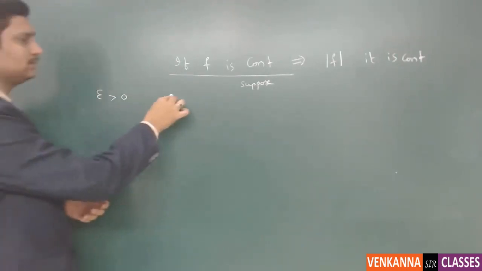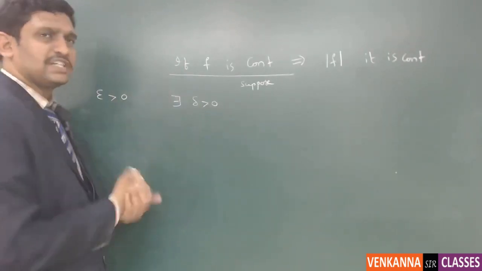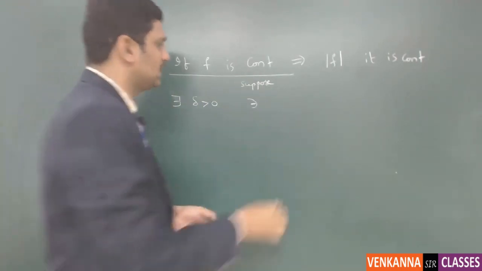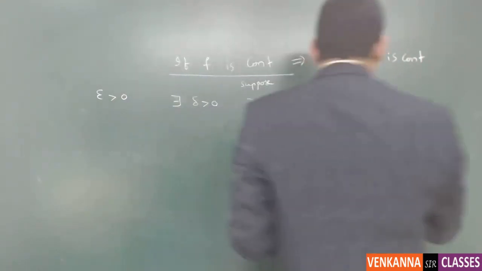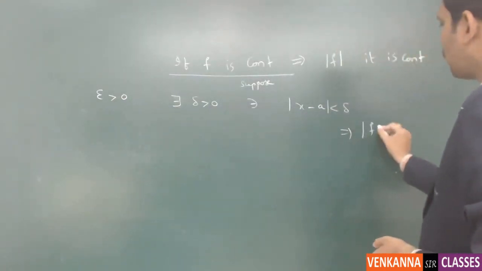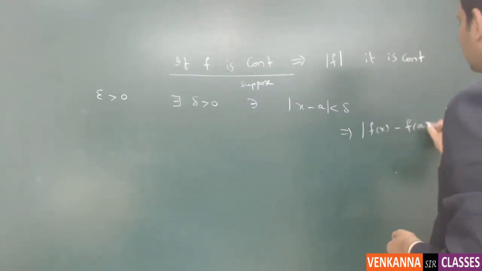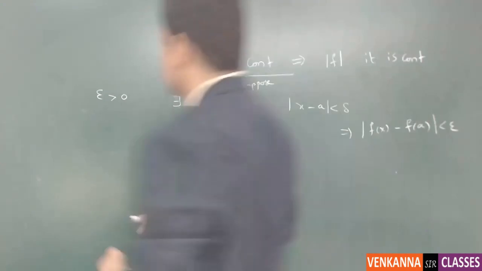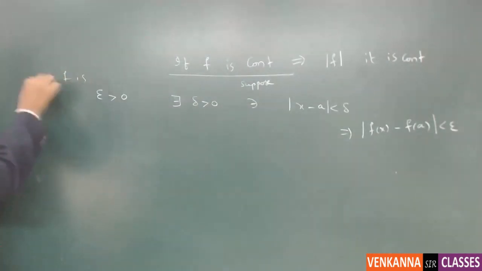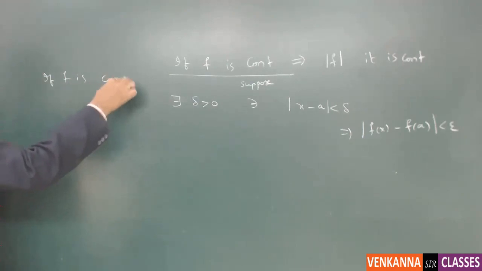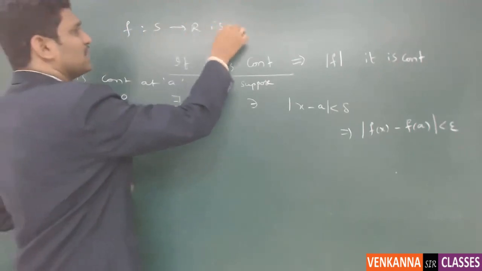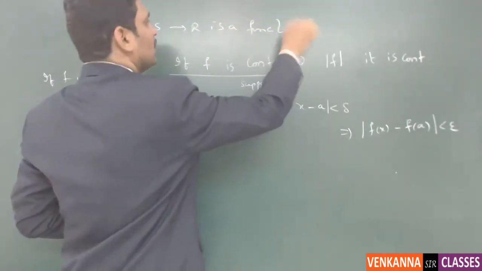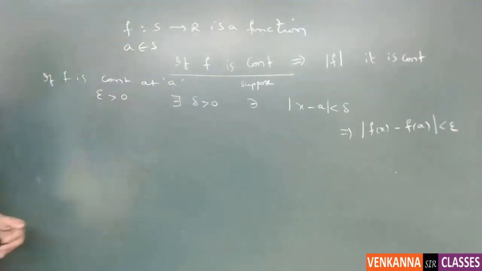For epsilon greater than 0, there exists delta greater than 0 such that whenever mod x minus a is less than delta, it implies modulus of f of x minus f of a is less than epsilon. So if f from S to R is continuous at a, you take a belongs to S; continuity is defined at a point.